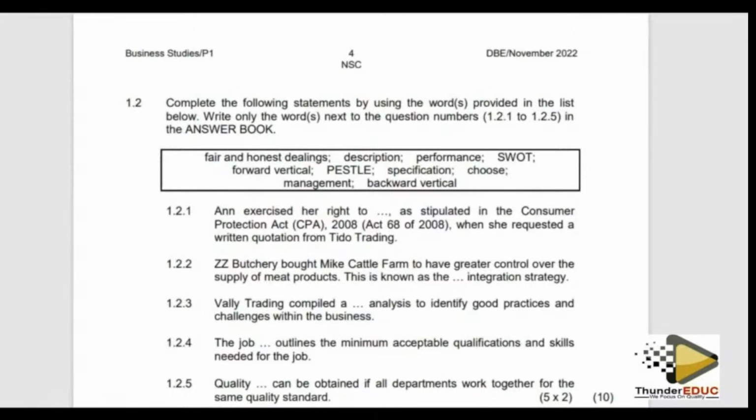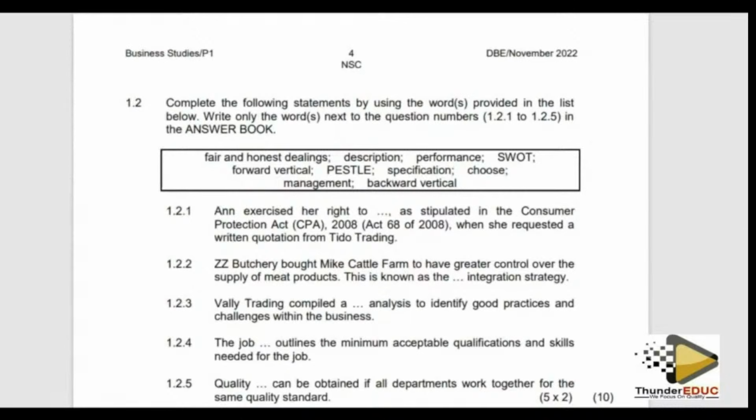Anna exercised her right to dash as stipulated in the Consumer Protection Act, Act 68 of 2008, when she requested a written quotation from Ditto Trading. So in this regard, if you compare the options given here, Anna exercised her right to choose. So meaning the appropriate answer here is right to choose.